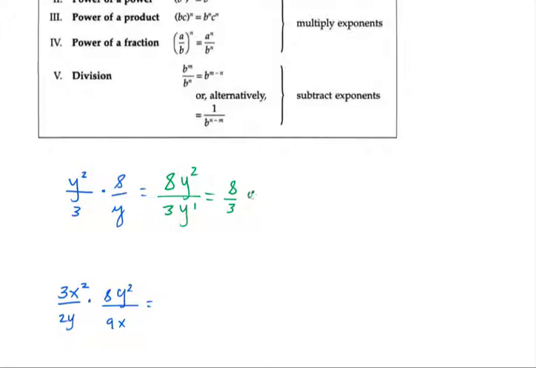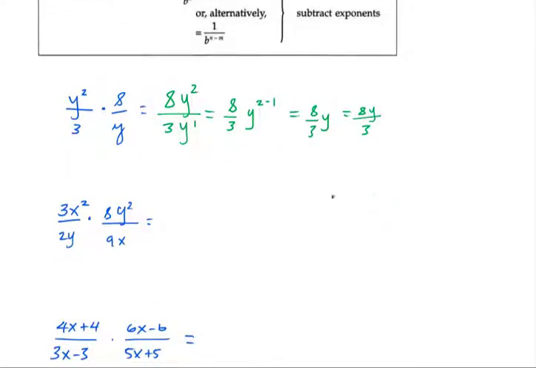So I'm going to write it this way, y to the power of 2 minus 1, or 8 over 3 y to the power of 1. Or I'm not going to write anything, because whenever nothing is written, it implies that there's a 1 there. You can also write it as 8y over 3, however you like to write your math.